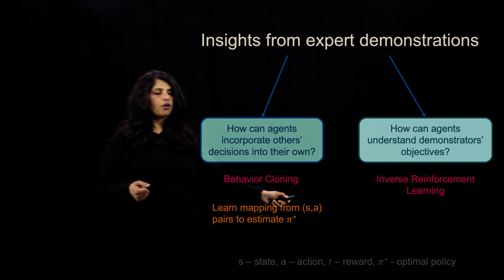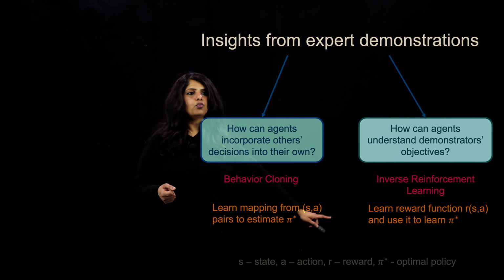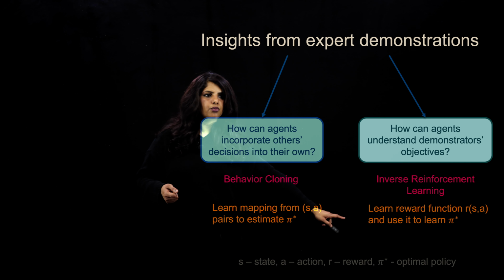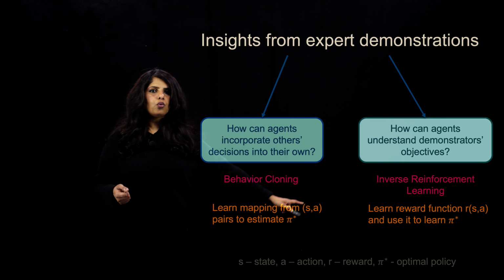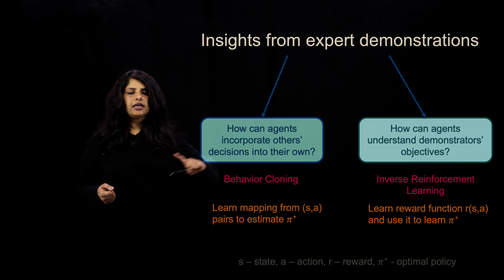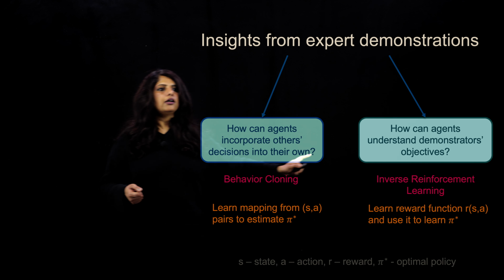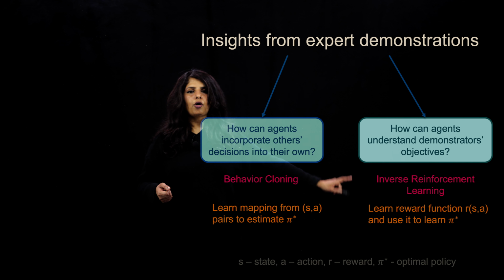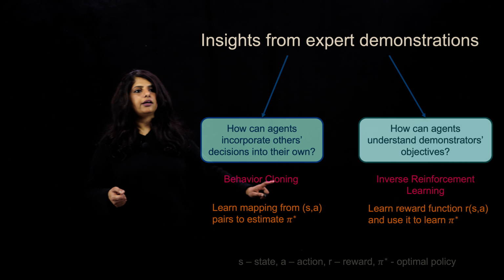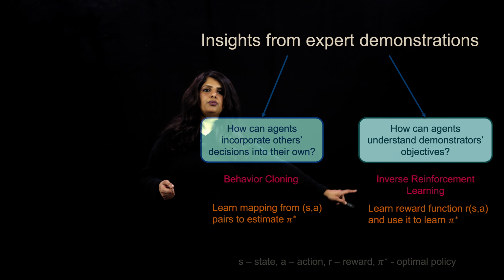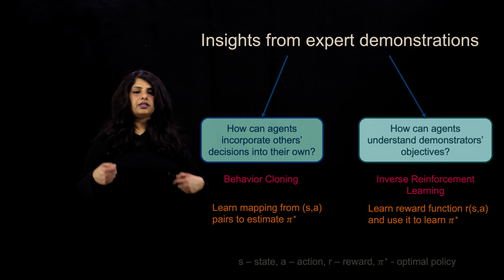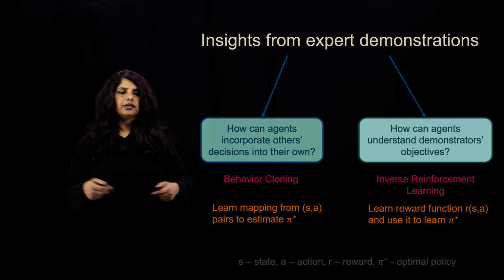And in the case of inverse reinforcement learning, what we're trying to do is learn a reward function and then go on to use that reward function in a reinforcement learning subroutine to learn what the optimal policy pi star is. The policy pi star is what we assume comes from the data of the demonstrator.